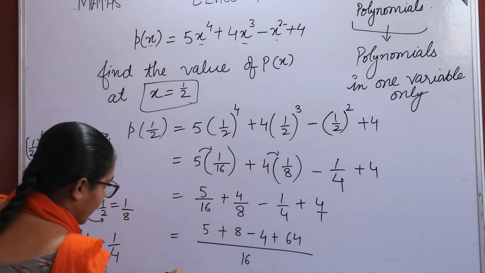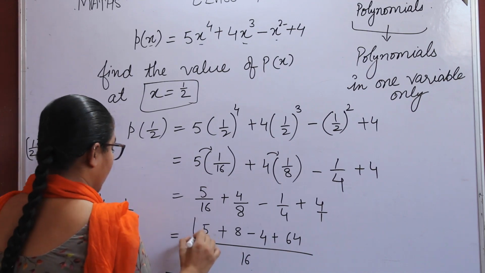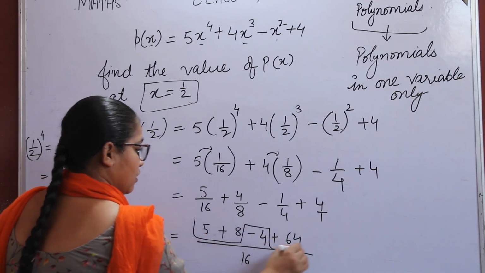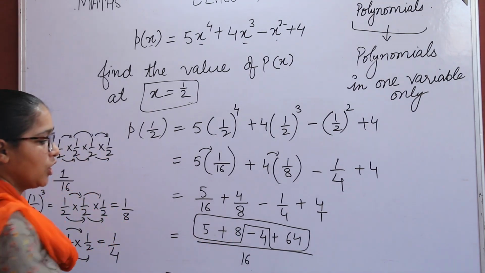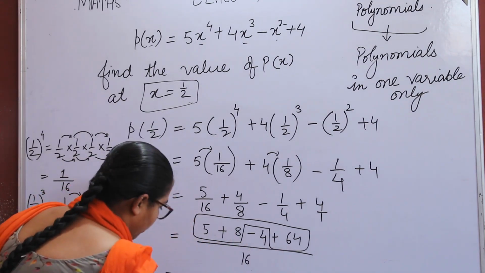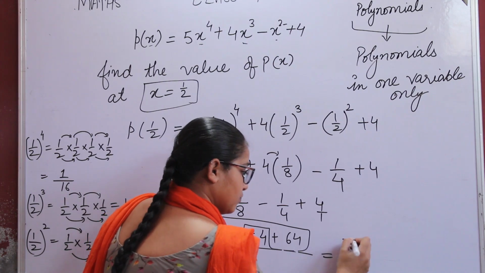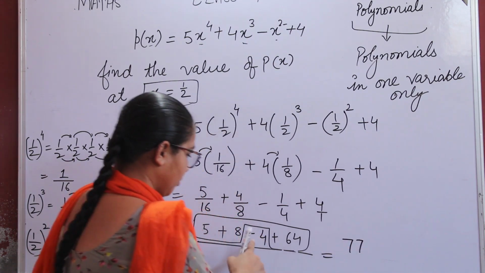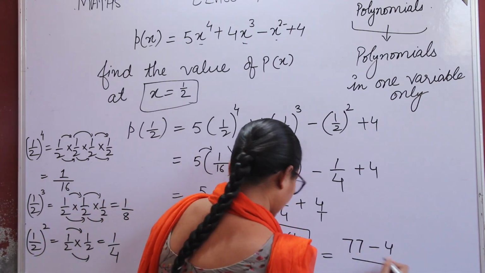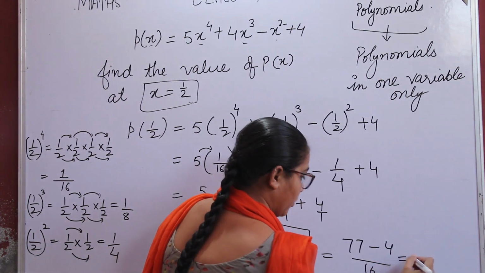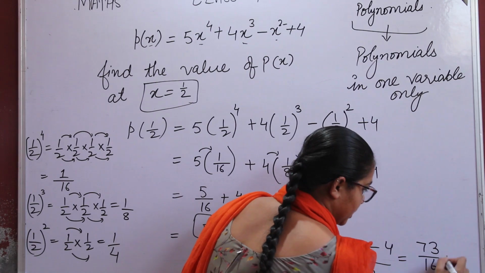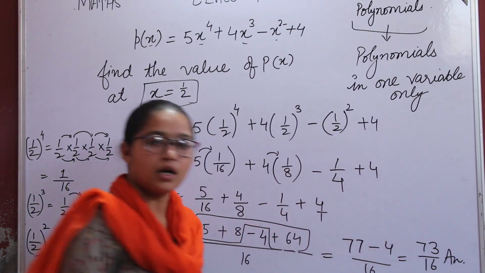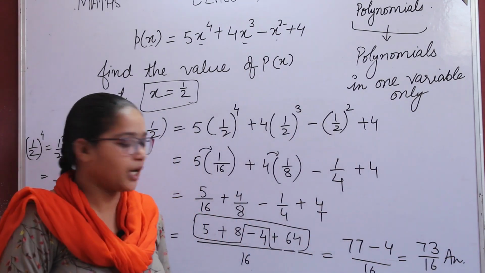So now consider the plus items only. So 8 plus 5, 13, so add 13 to 64, 77, minus 4 as it is, over 16. So what do you get? 77 minus 4, 73 over 16. This is your answer. Okay, got it?